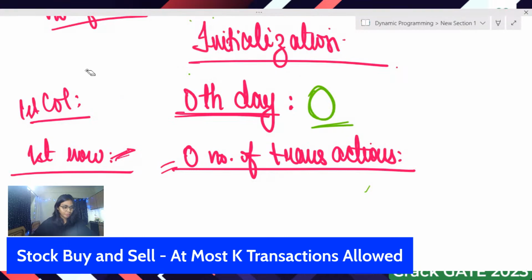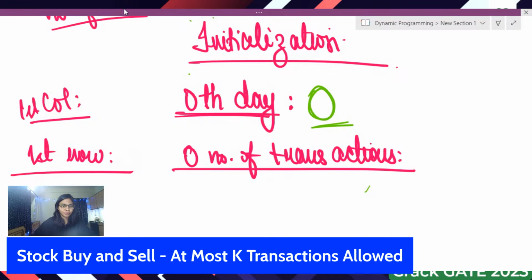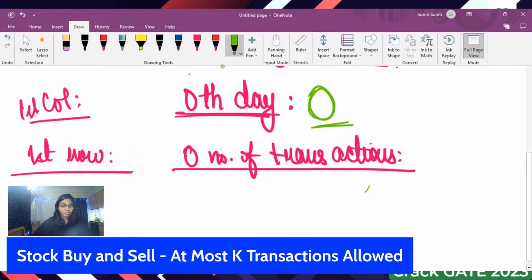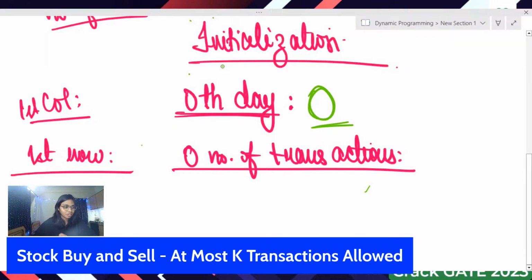Everyone, I want you all to respond to this: what is the maximum profit you are going to get if there are zero transactions that we can make? There is only one correct answer till now.